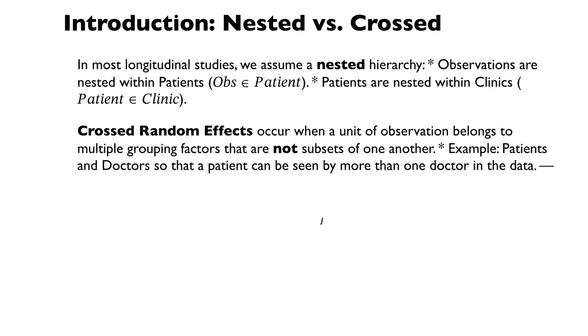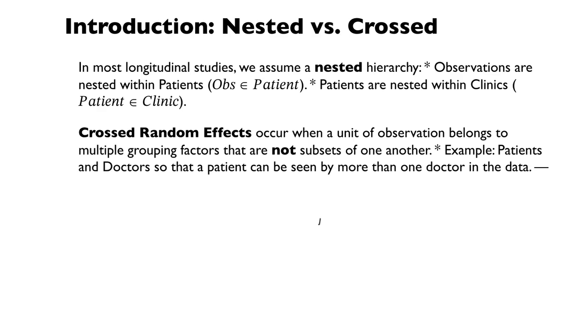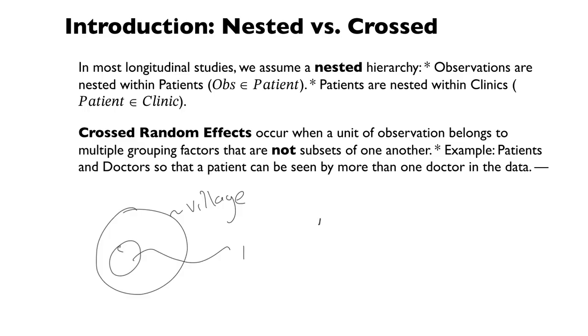So we've talked about units that are nested. We have one unit and a subunit, so we have a village, and that contains households, and they contain people, and then we might follow them over time. So we have this hierarchical structure.